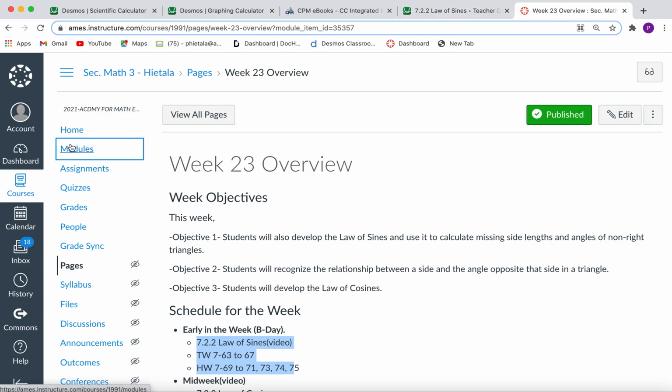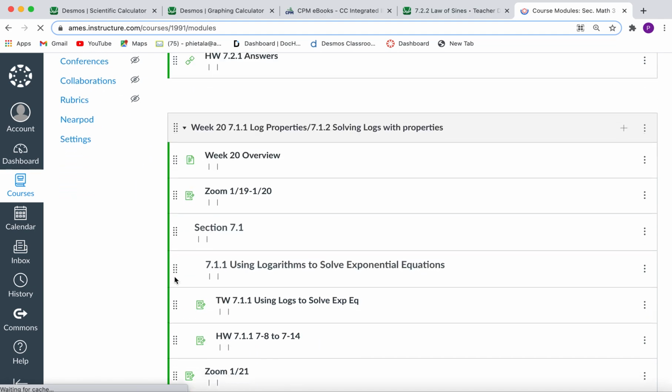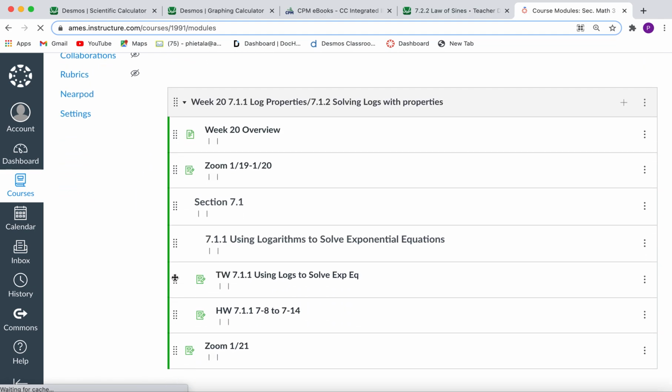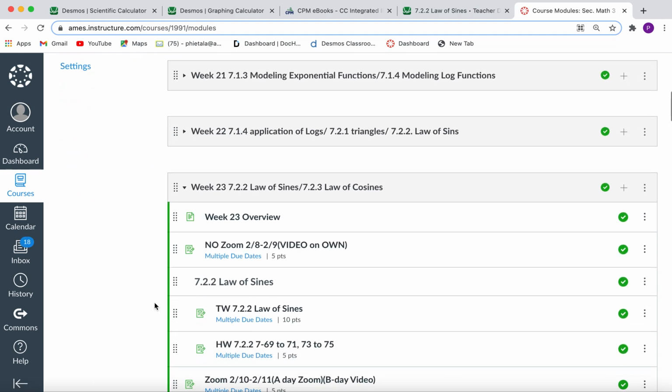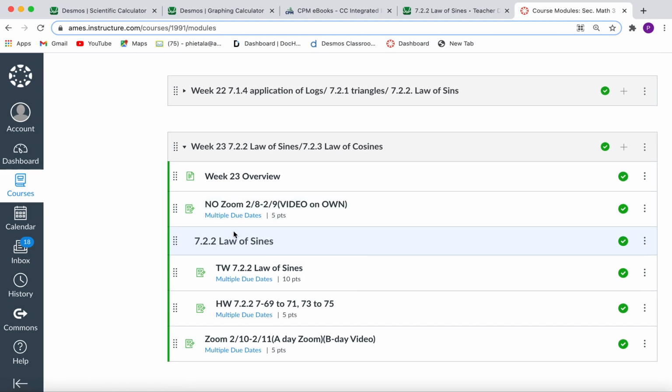In your modules, on that next slide there. Okay. So we have no Zoom for today. You guys get 5 points for watching the video and 10 points for doing your Desmos activity. Okay, so you can go into 722 teamwork.